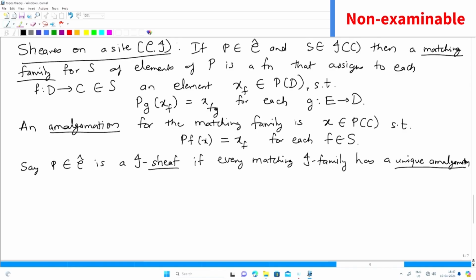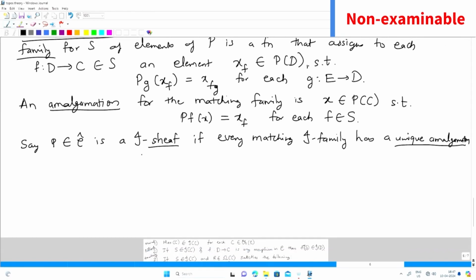Okay, equivalently, I can express it in a slightly different way. So, equivalently, recall that each sieve is what? It's a subfunctor.